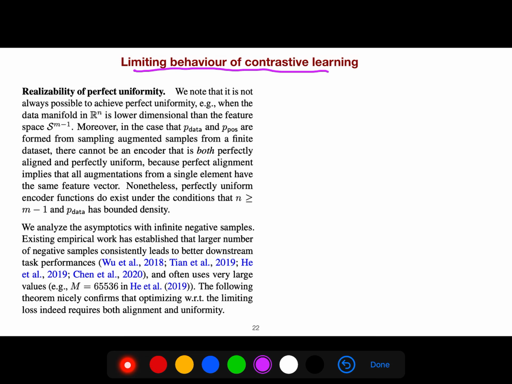Moreover, when the data distributions are formed from sampling augmented samples from a finite dataset, there cannot be an encoder that is both perfectly aligned and perfectly uniform, because perfect alignment implies that all augmentations from a single element have the same feature vector. If you are perfectly aligning everything, then it cannot be uniform. Then you miss uniformity.